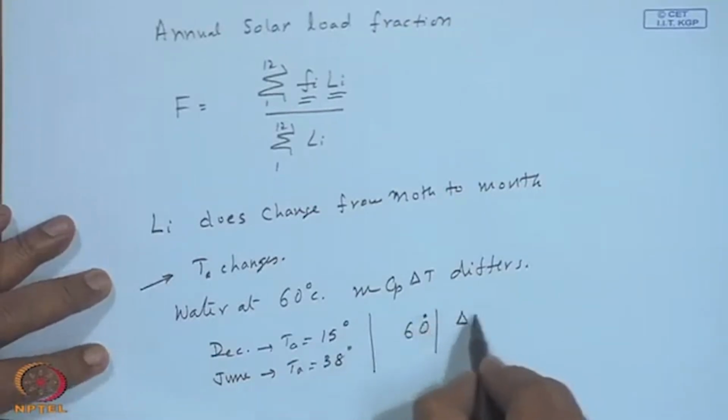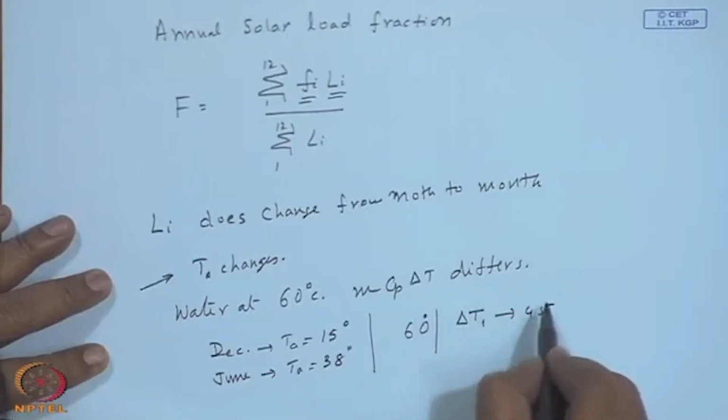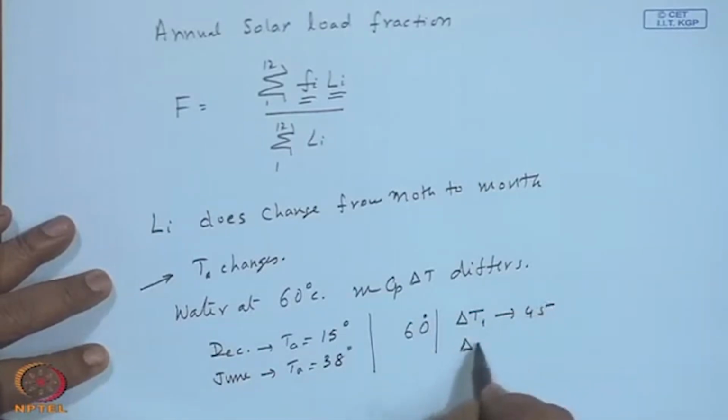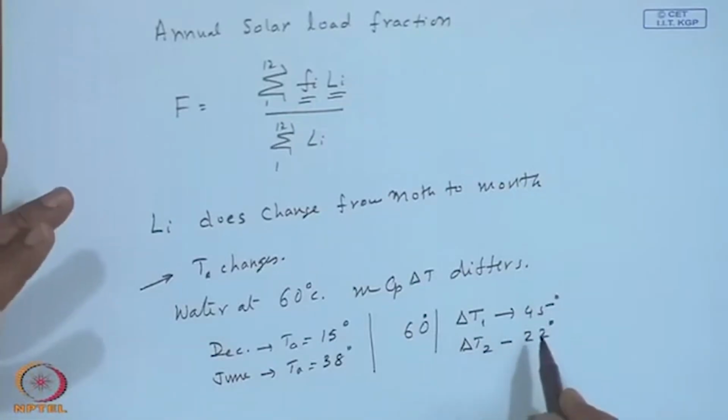So, delta T for December will be 45 and for June it will be only 22. So, it is almost half of this.